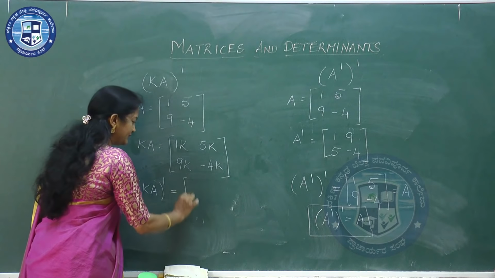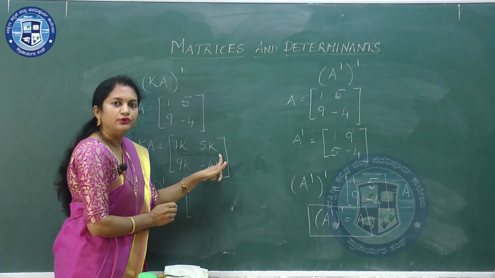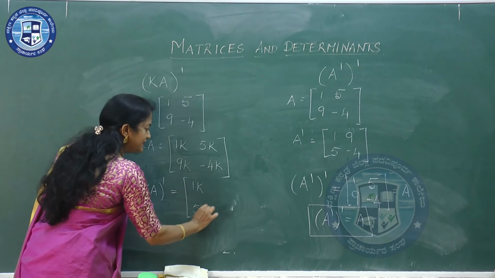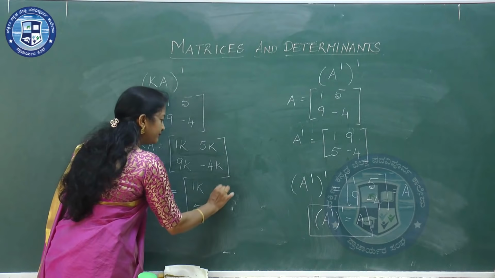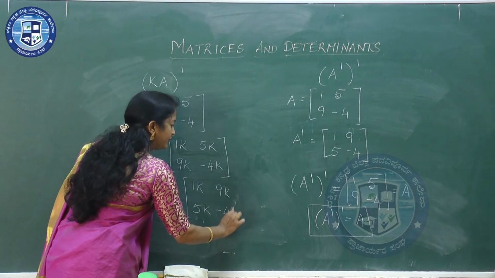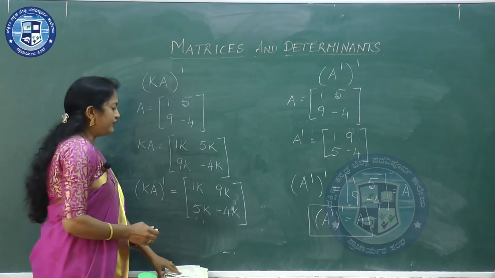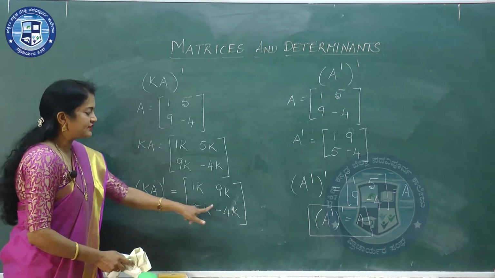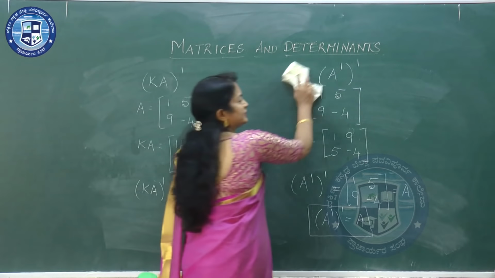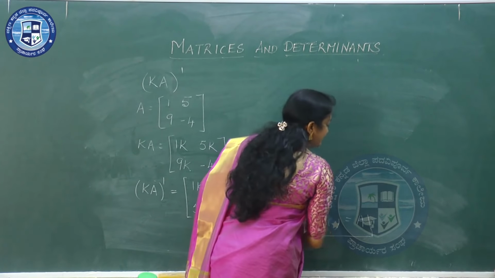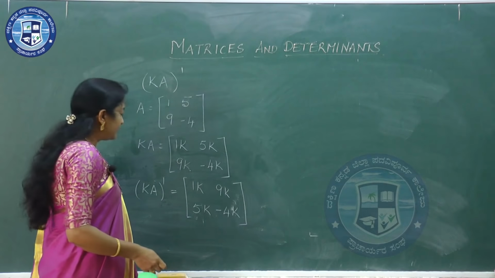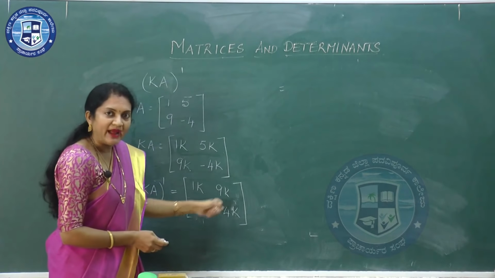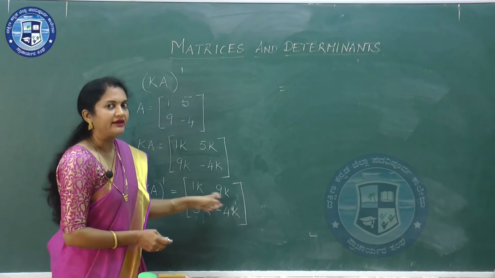What is kA whole transpose? The first row will become the first column, and the second row becomes the second column. Now we will get kA transpose like this. Now recall scalar multiplication: every element of this matrix is multiplied by the scalar k.